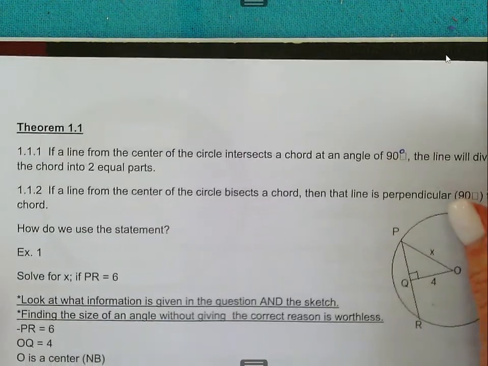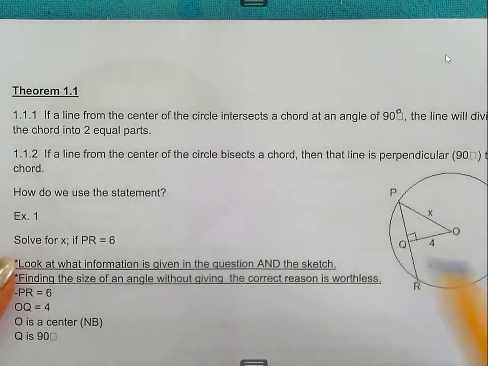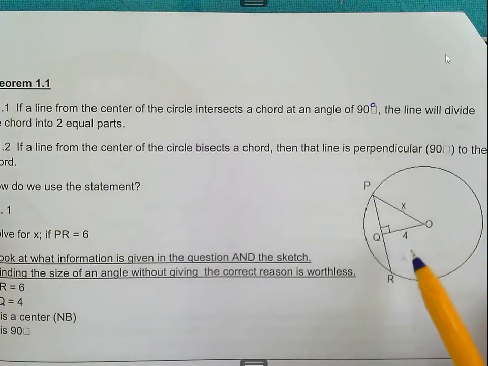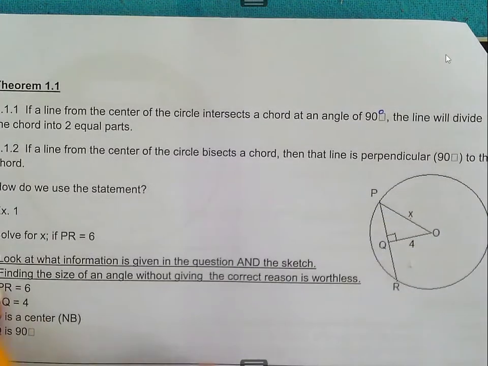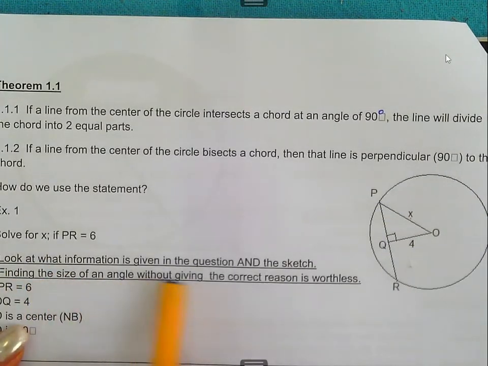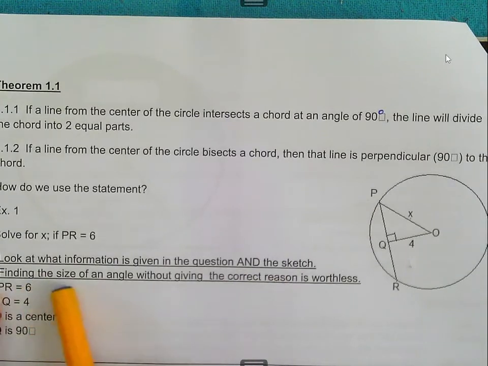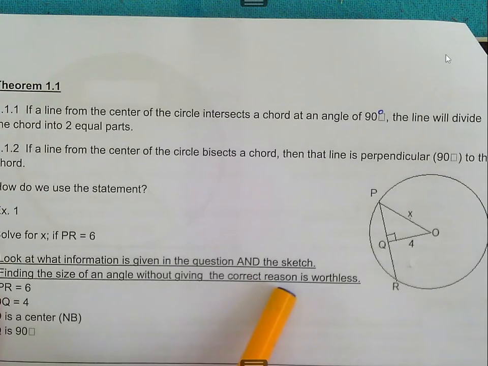Okay, how do we use this statement? Example 1. Solve for x. You see x there? Look at what information is given in the question and the sketch. Finding the size of an angle without giving the correct reason is worthless. Okay.